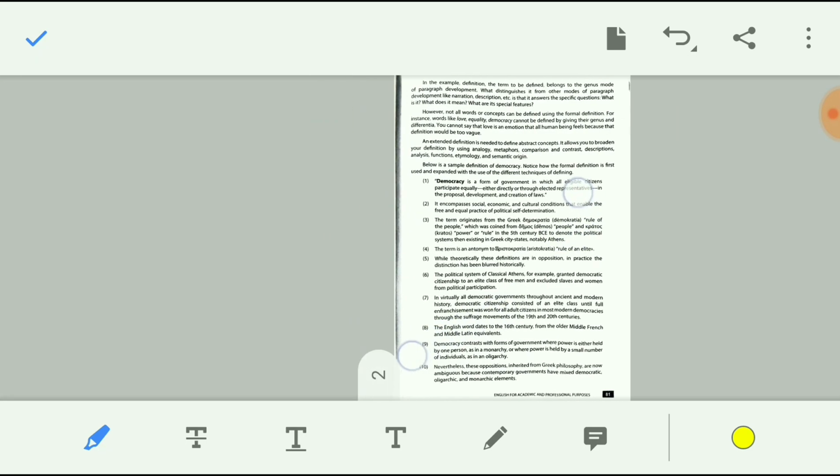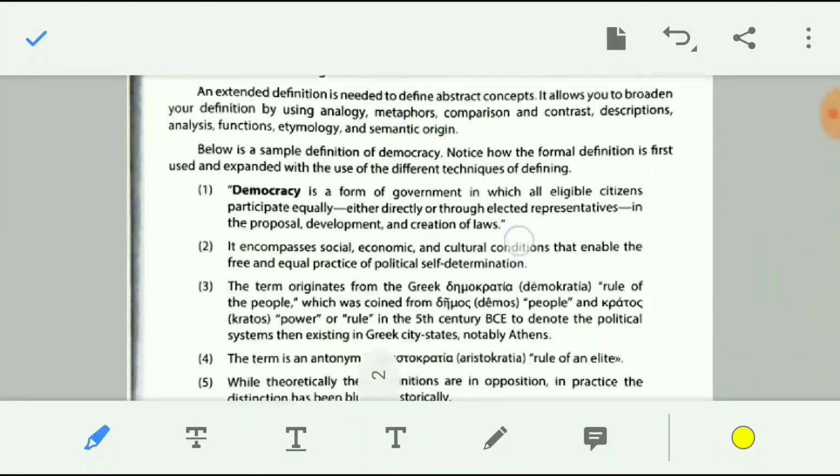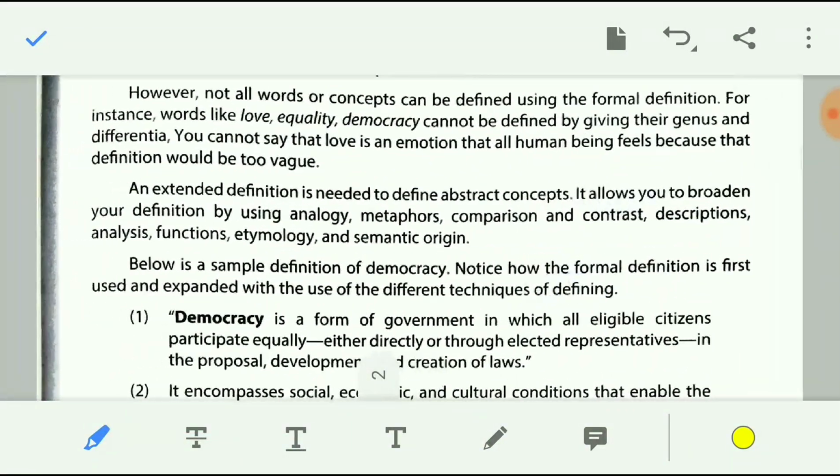Moving on. Not all words or concepts can be defined using the formal definition. For instance, we have what we call the abstract concepts. These are the concepts that you cannot just easily define because it's complicated.